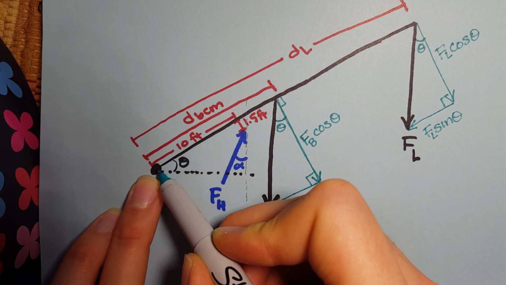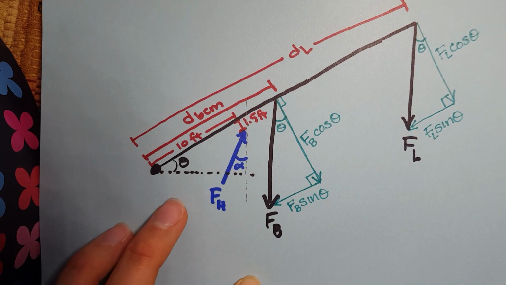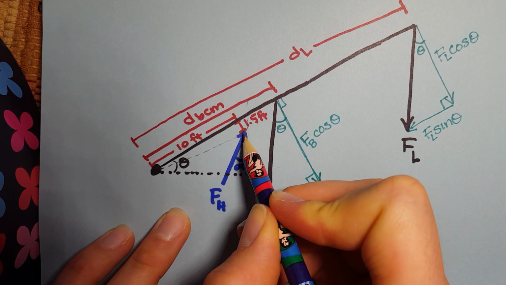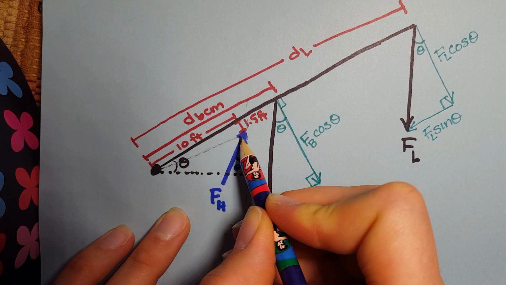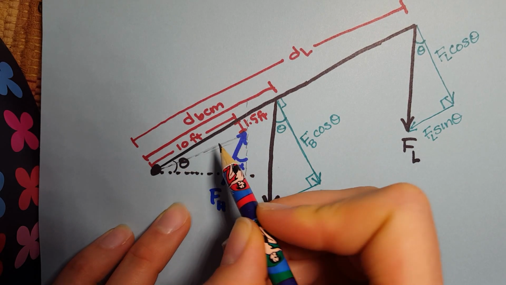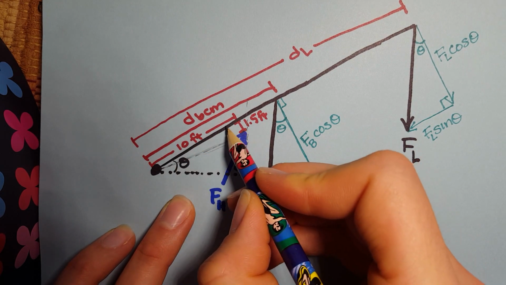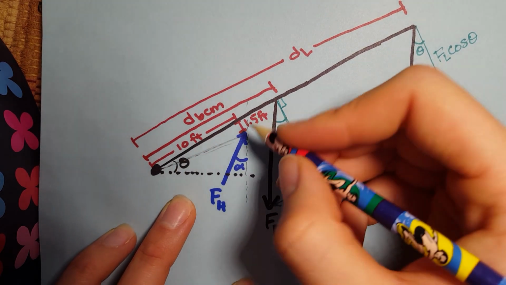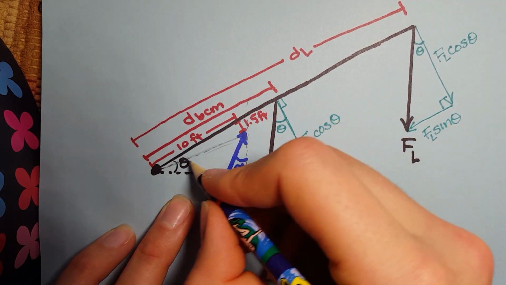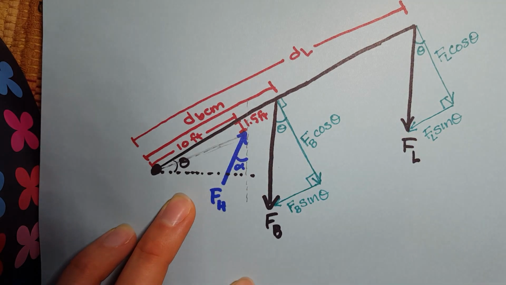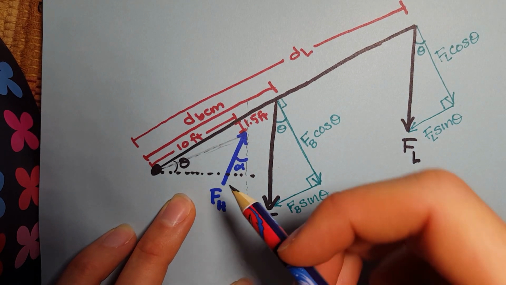That lever arm for that whole force would actually be a line right there. So one way you could do this is you could find, using trig, this distance of this hypotenuse. This is a right triangle right here. And then break up this force into parallel and perpendicular components of this new lever arm. But that's not how I'm going to do it. I'm going to do it the other way.